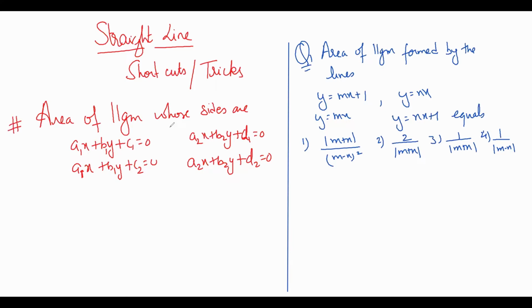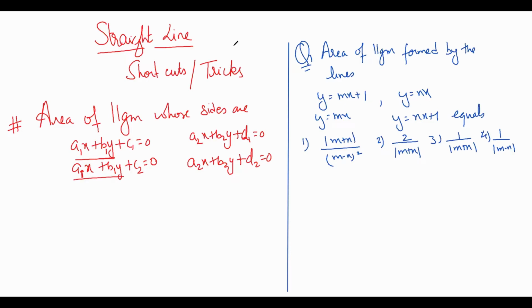That means if the equations of the sides of the parallelogram are given, then you can find its area using the following formula. First of all, you can identify that if these are the sides, then they will form a parallelogram. How? Because the slope of these two lines is the same.